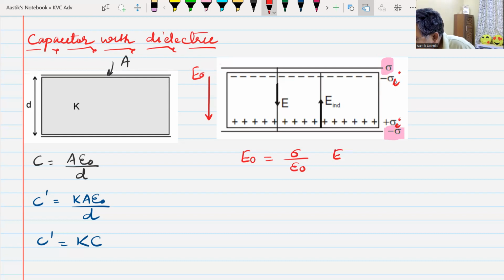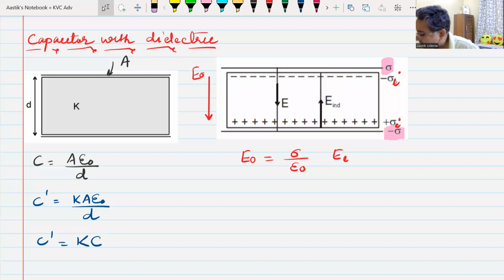This E induced, or EI, this induced electric field will be given by sigma I by epsilon naught, and the new field E will be equal to E naught minus EI.